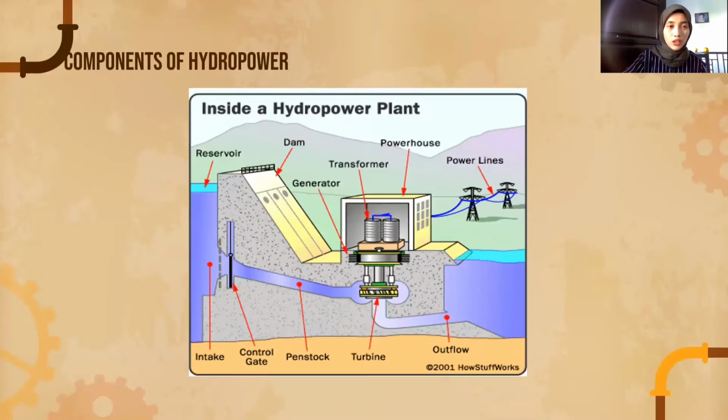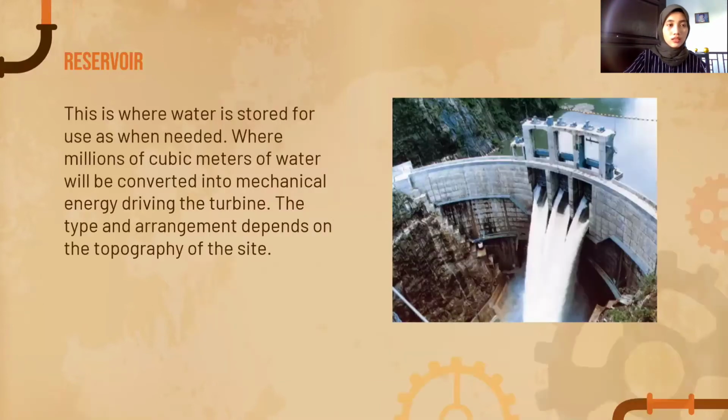Components of hydropower. Number one, reservoir, dam, generator, transformer, powerhouse, power lines, intake, control gate, penstock, turbine, and outflow. Next is reservoir.